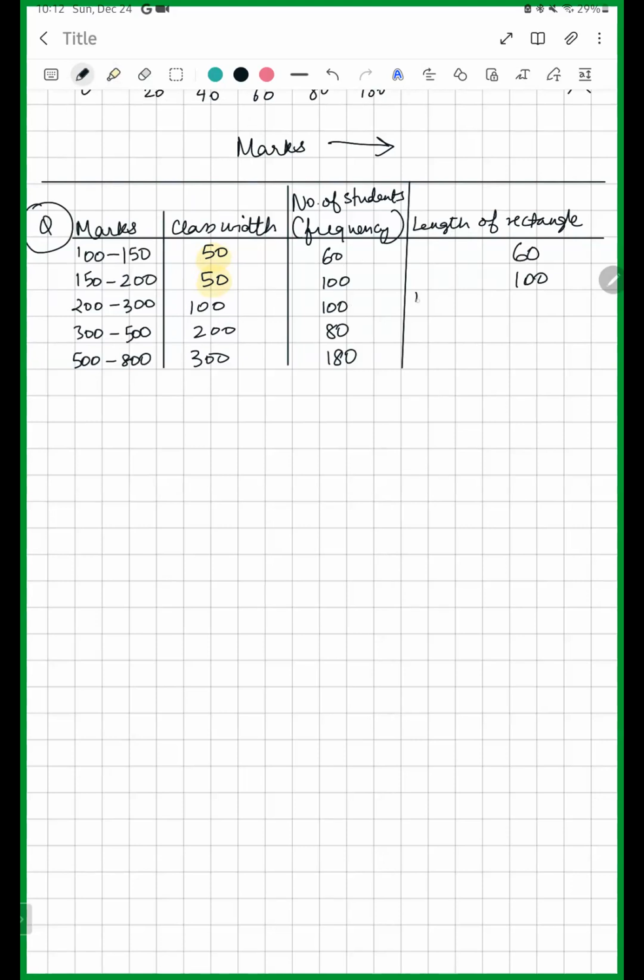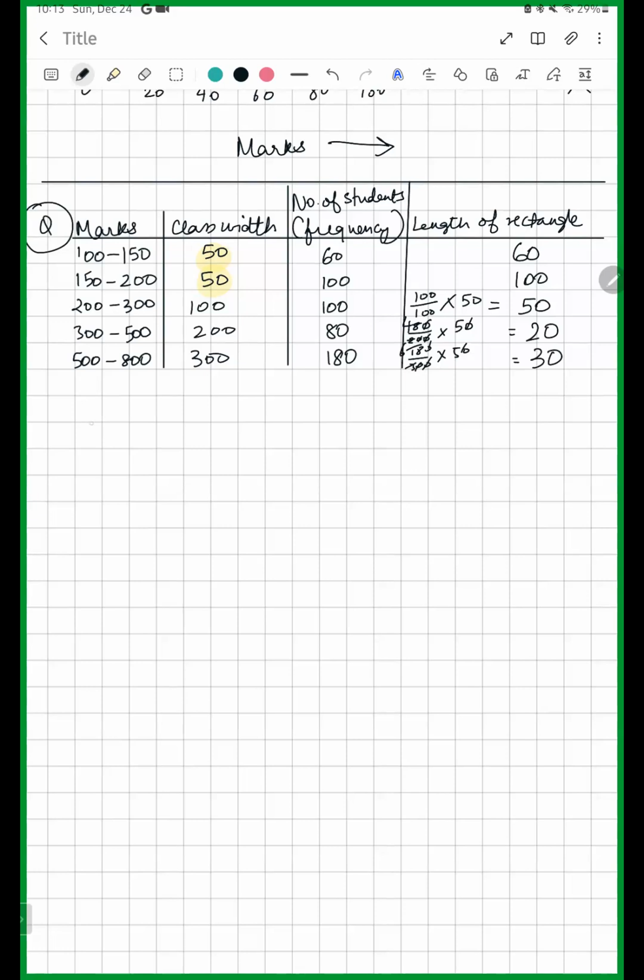This one will be 100 by 100 into minimum class width, which is 50, so that is why it will change. It will become 50. This one is 80 frequency by class width into minimum class width, so that's 20. And this one is 180 by 300 into minimum class width, which is 50, which is 30.